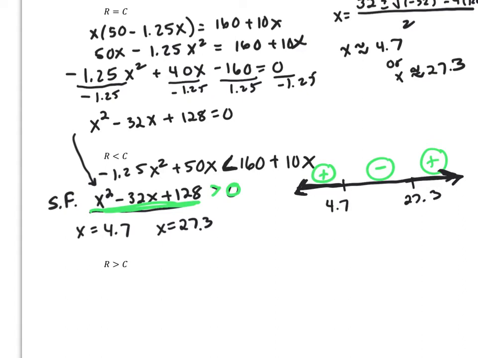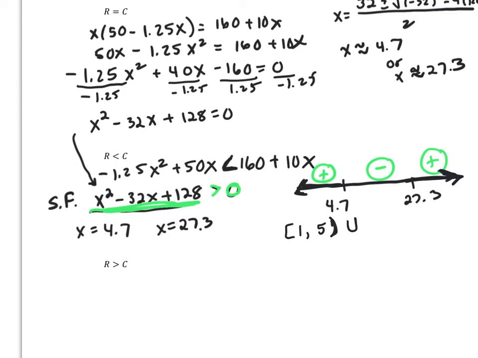So you would think you'd start at negative infinity, but in the business world, negative infinity really doesn't make a lot of sense, particularly for x, where x is the number of units. So we start at 1, and it's going to be 1 up to 4.7, or you could say 5 if you're going to round that, union.